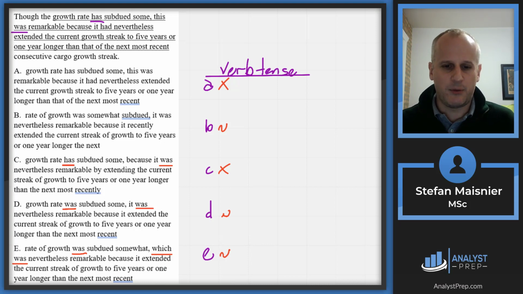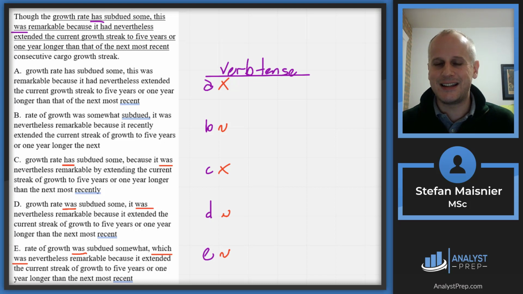And if we see that "which" that shows up in choice E, we have to ask ourselves, what does this "which" refer to? And we say, okay, so "though the rate of growth was subdued somewhat, which was nevertheless remarkable because it extended the current streak of growth to 5 years or 1 year longer than the next most recent consecutive cargo growth streak."